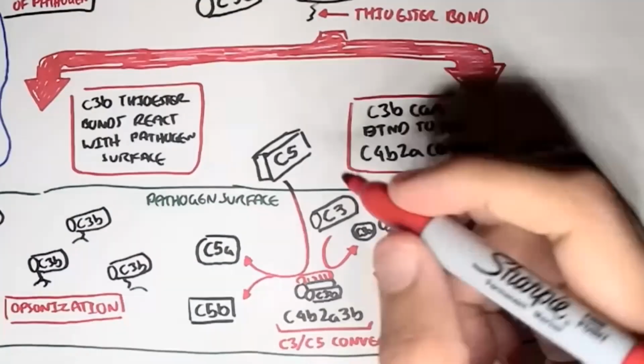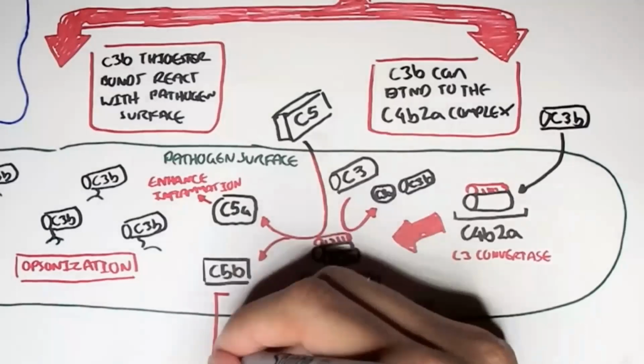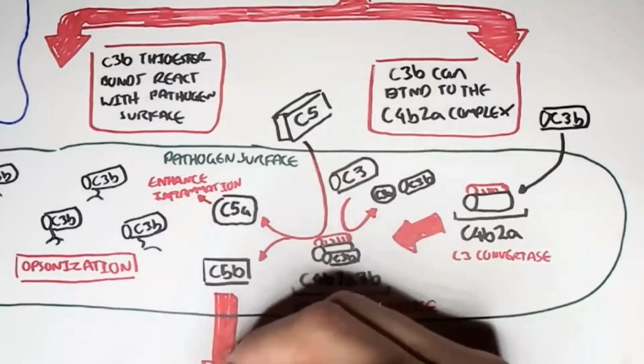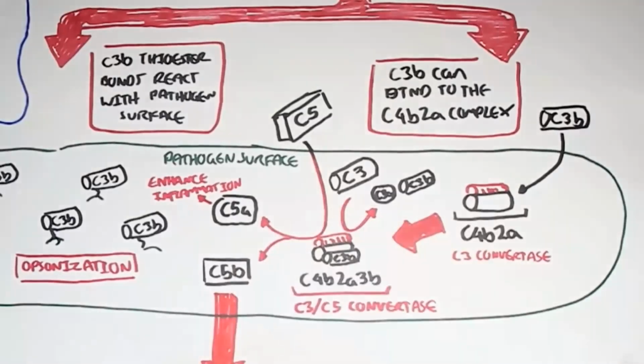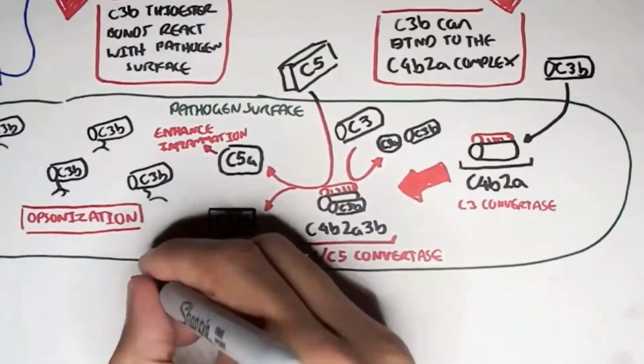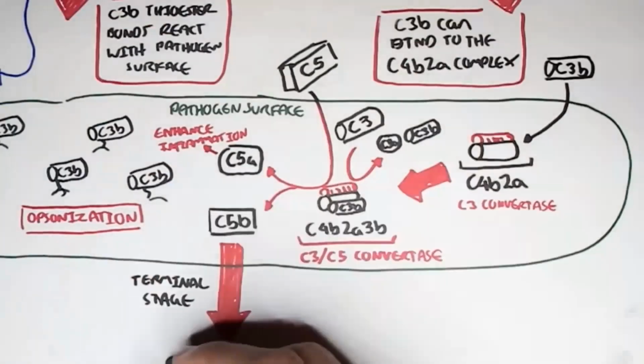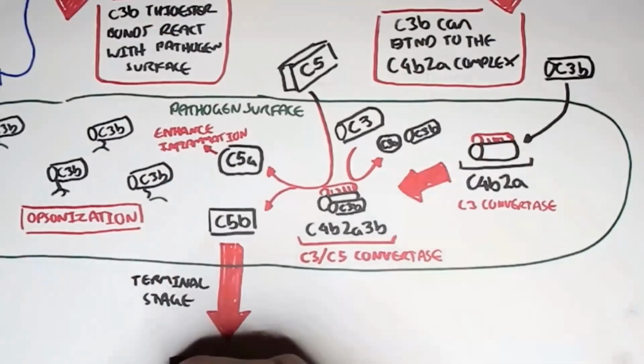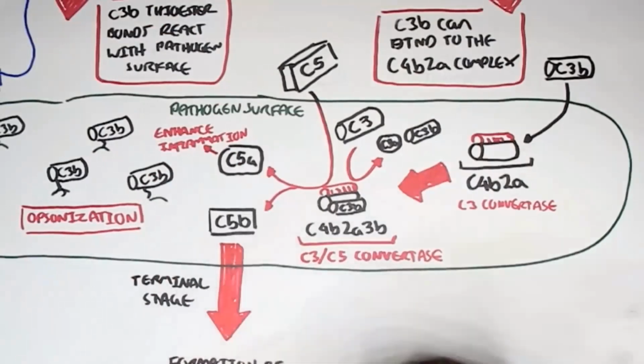And remember, C5a can enhance inflammation, or it can bind to the macrophage's receptor. C5b is an important protein because it initiates the terminal stage, the formation of the membrane attack complex, abbreviated MAC.